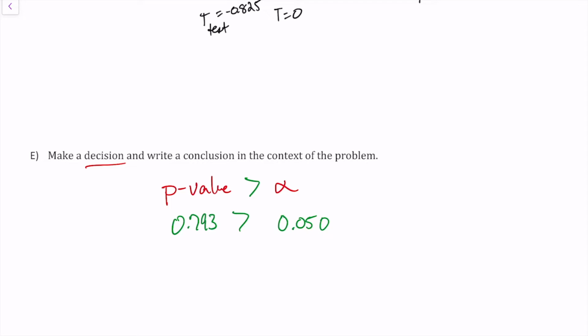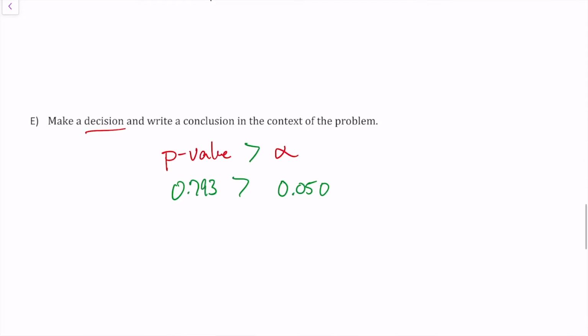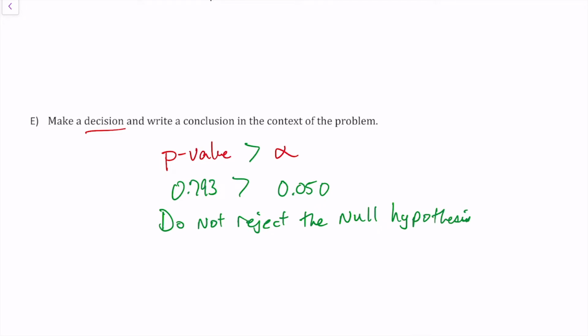So that means we do not reject the null hypothesis. Once again, that's because this p-value is sufficiently large, is big, right? So that means it's likely for the null hypothesis to have the right distribution there. So we do not reject the null hypothesis.